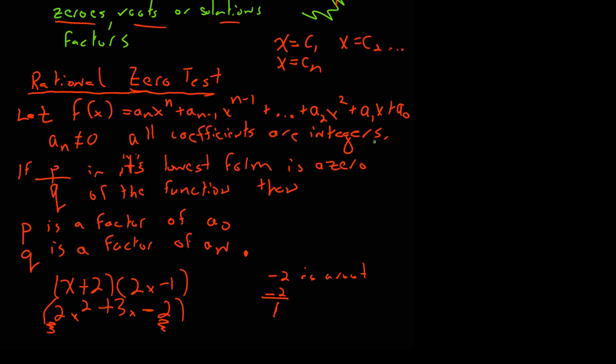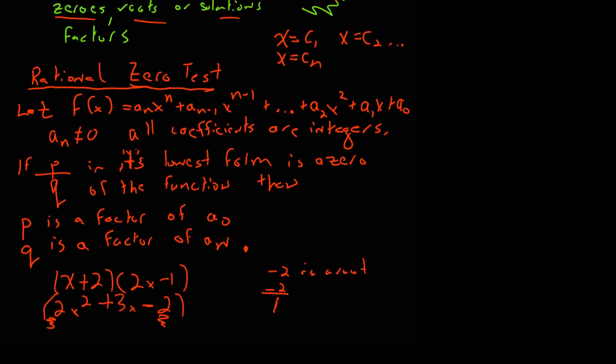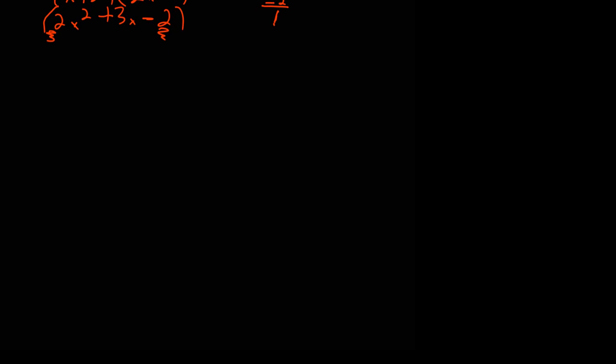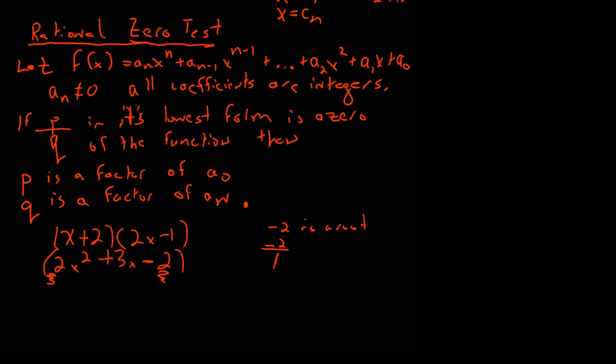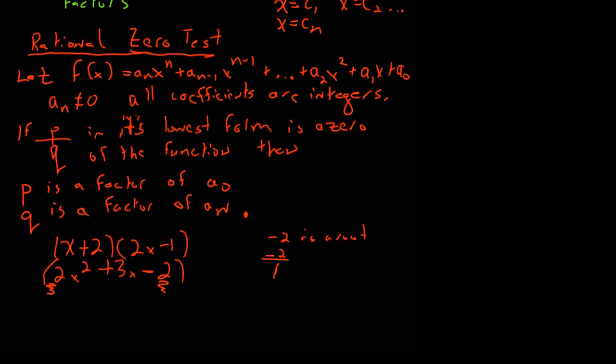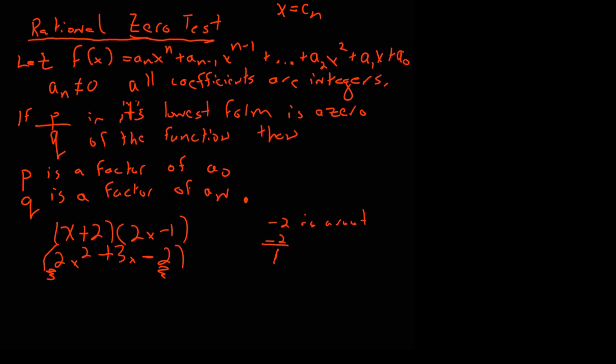So what this test does is it lets us find possible solutions. And possible solutions help us get away from not knowing where to go with something to making the problem easier. I'm going to start a new page here, 2 seconds.